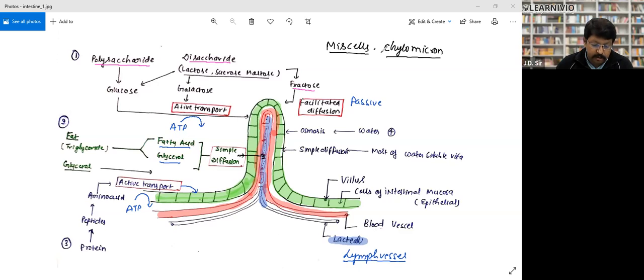But some of them are also absorbed by active process. Last but not the least, that is the last process.